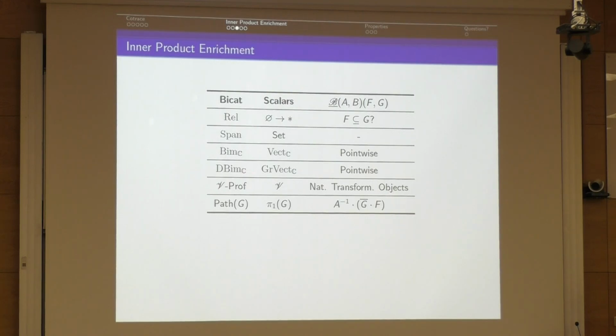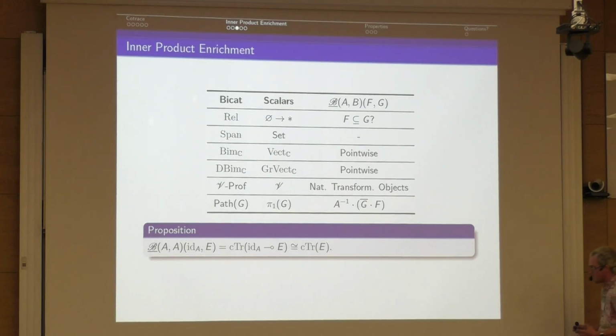I think for me, again, the most interesting example is profunctors. So this says that you start with this bicategory where you have V natural transformations between V profunctors, but then you just replace the sets of natural transformations with natural transformation objects. And then finally you've got this topological example where basically instead of homotopies of paths, you just replace them with loops.